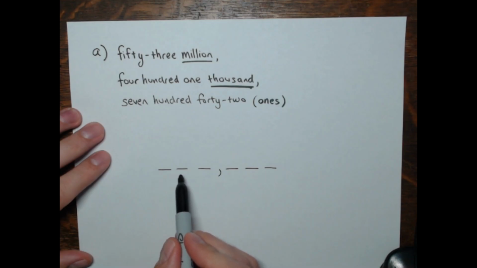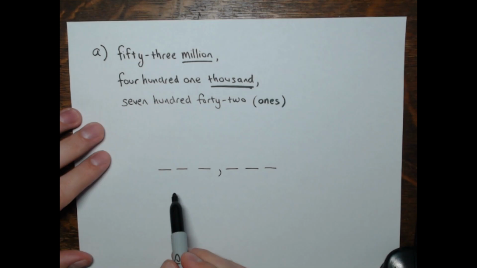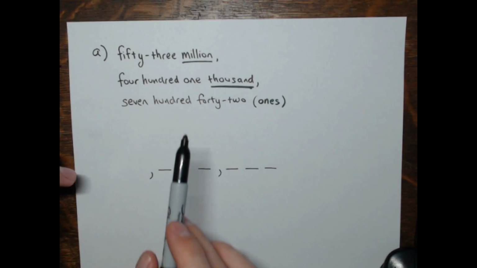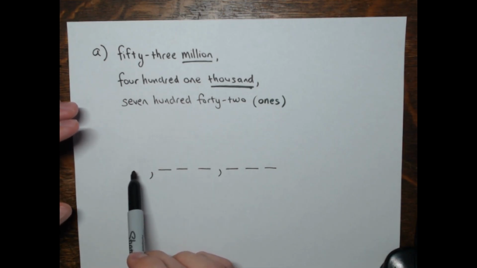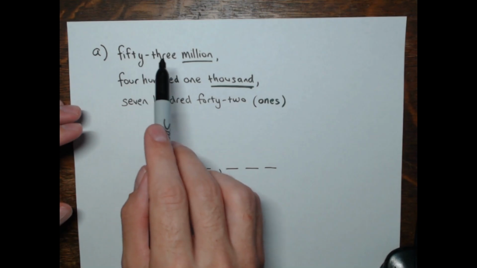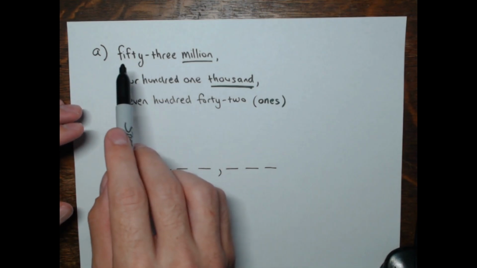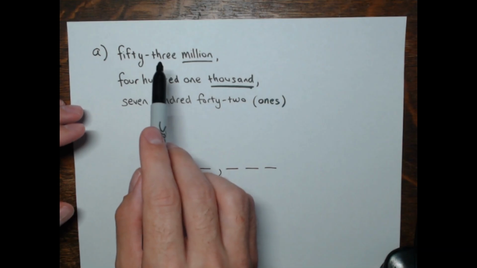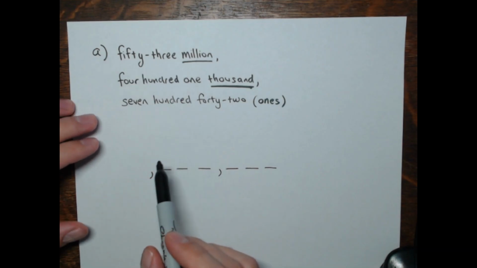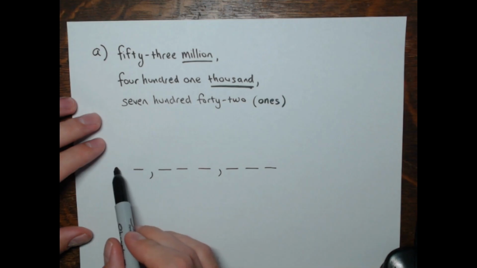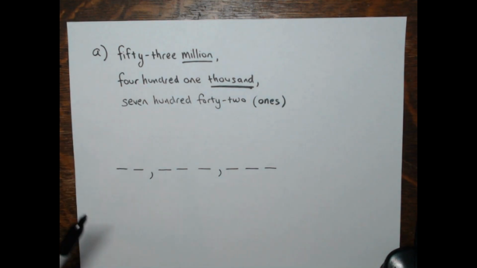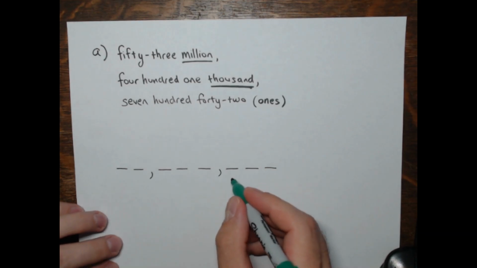So 3 blanks for the thousands period, comma. Then the millions period, the number of millions is only 53, which is a 2-digit number. So I only need 2 blanks for the millions period.